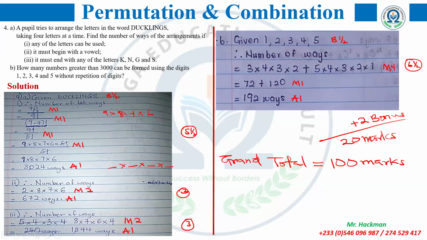I know that here, because we cannot repeat, obviously you should know, you cannot have maybe a vowel U here, and use the U again. No, because there is only one U. You get my point.